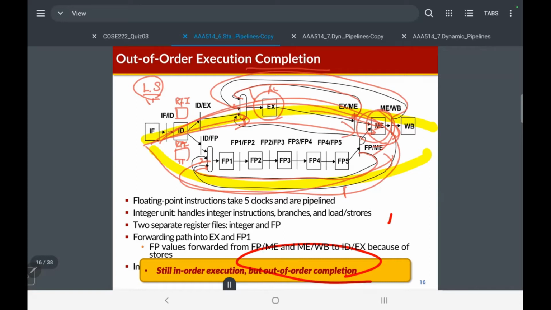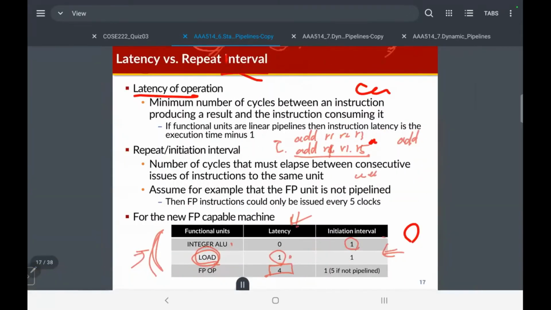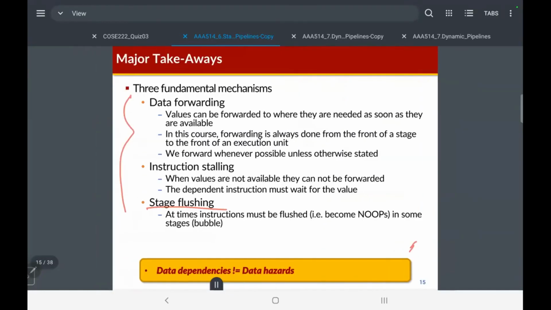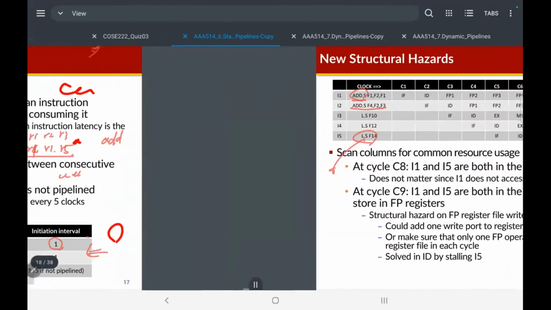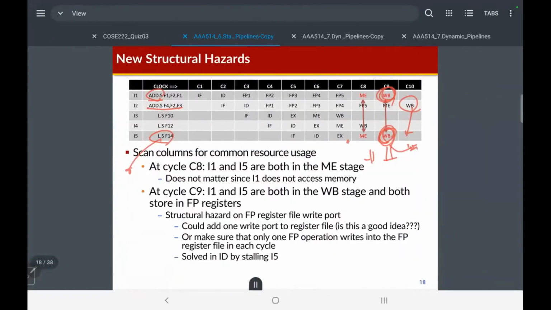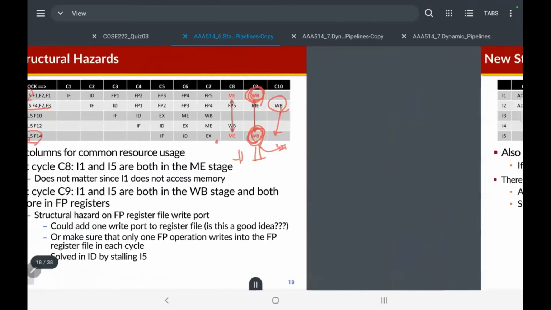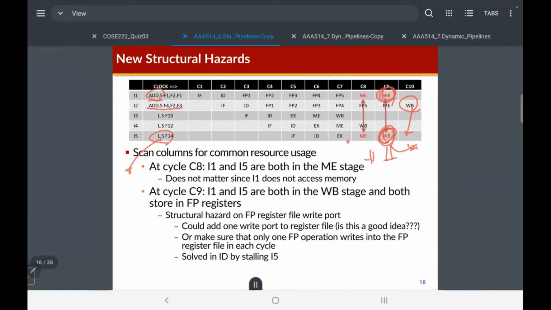So we need to consider some additional aspects of data dependencies, which means that we need to consider the additional data hazard called the WAW hazard.